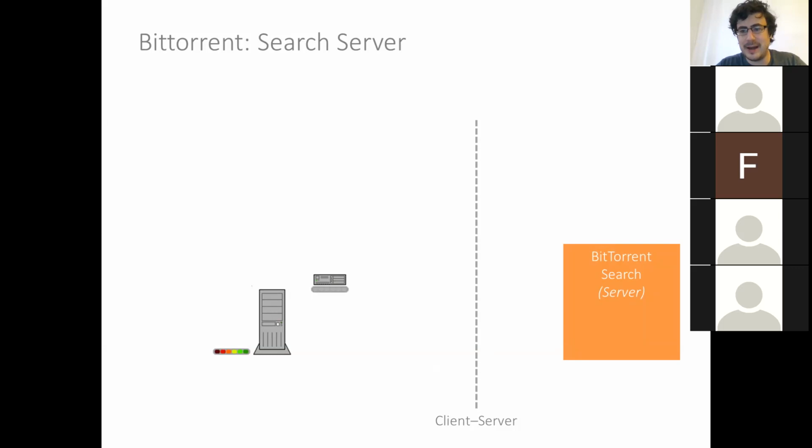So how does BitTorrent work? BitTorrent is essentially a peer-to-peer-esque file sharing service where people can share data directly between each other, and the data is never stored in a central server.